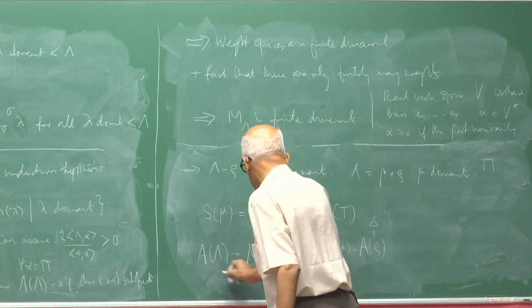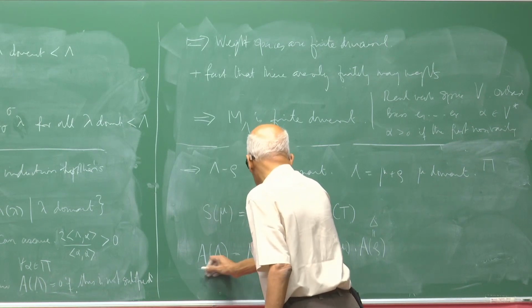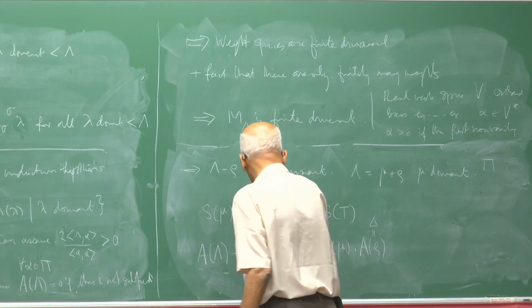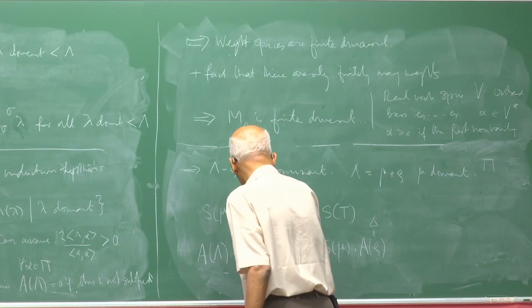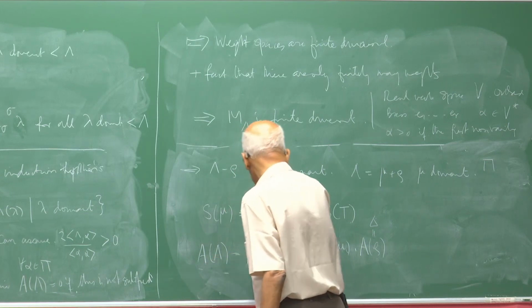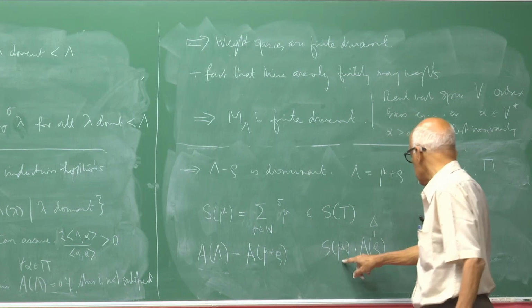Let us look at this on the one hand, A lambda, which is A mu plus rho, and look at this on the other hand.